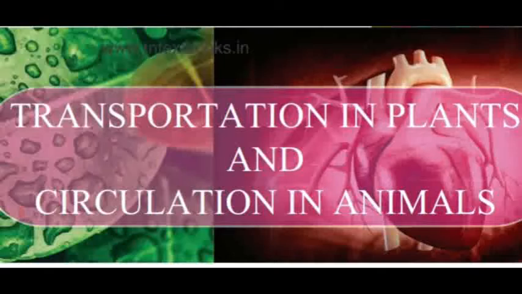Then different types of circulatory system: open type, which is seen in the invertebrata animals, and closed type of blood circulation, which takes place in the higher animals, that is vertebrate animals. The closed circulatory system was discovered by William Harvey, who is named as father of modern physiology.